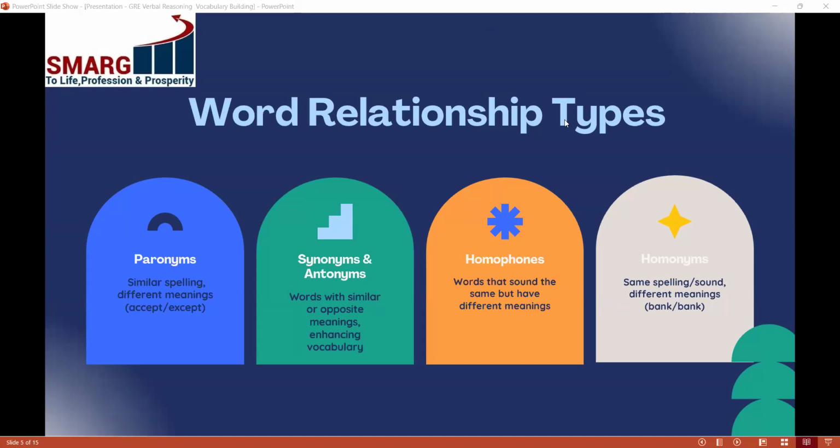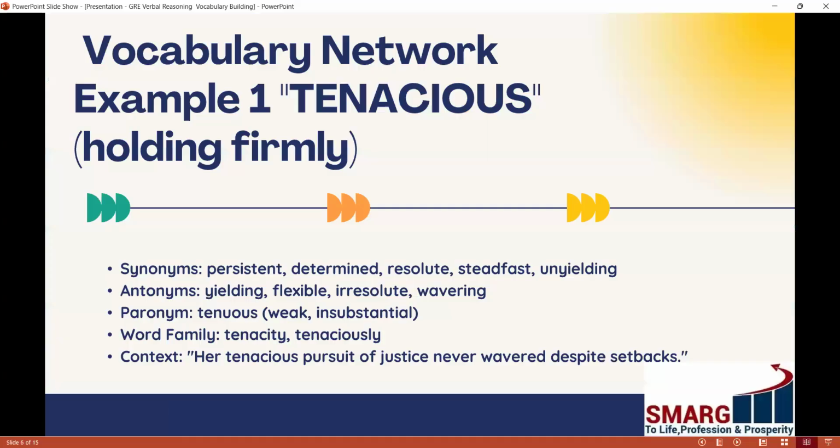Then bank is a noun as well. And within nouns also it's nuanced. Yes, and then we use it as a verb as well. So homonym, again, has as many meanings, as many parts of speech as there can be. Great. All right, so we're done with this.